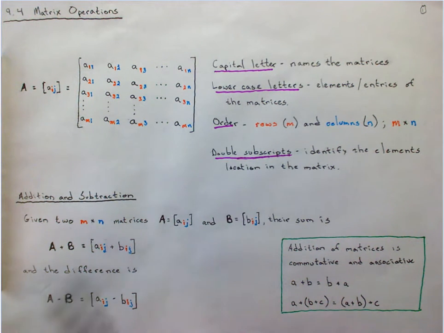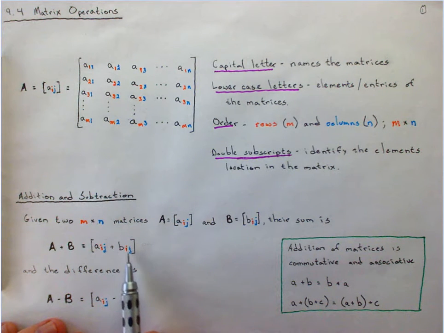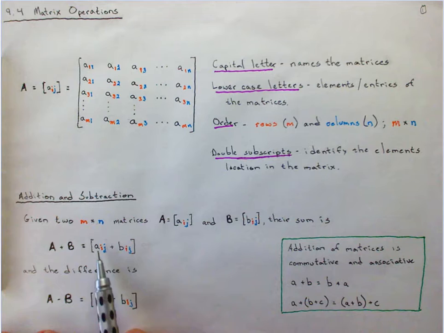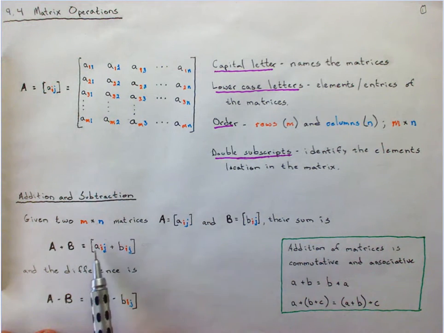Given two m times n matrices, A and B, their sum is written as capital A plus capital B, and what that actually turns into is the corresponding a sub i j plus b sub i j, meaning that I will add A11 to B11 and A21 to B21.